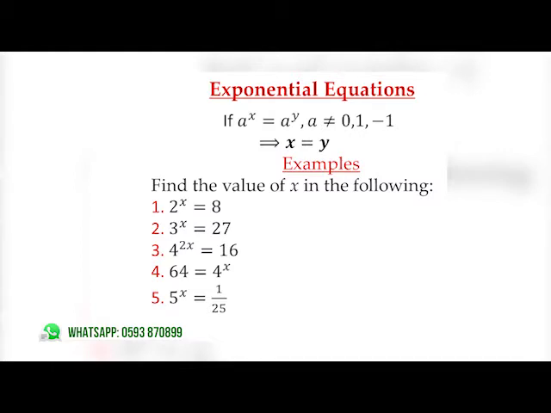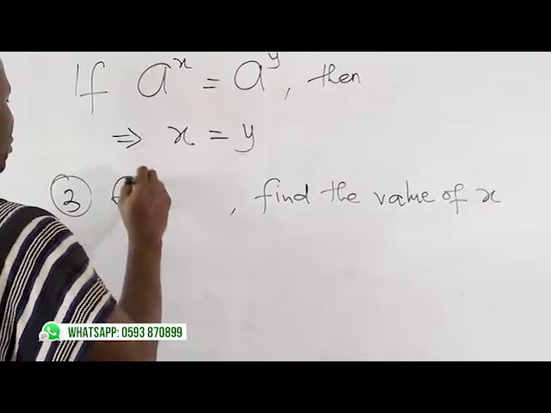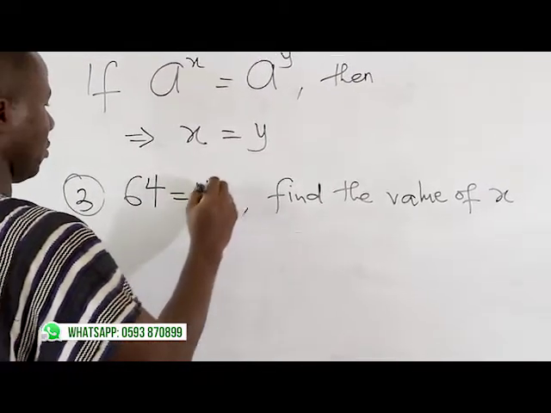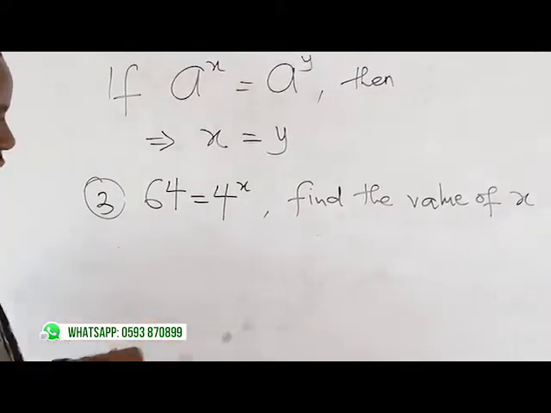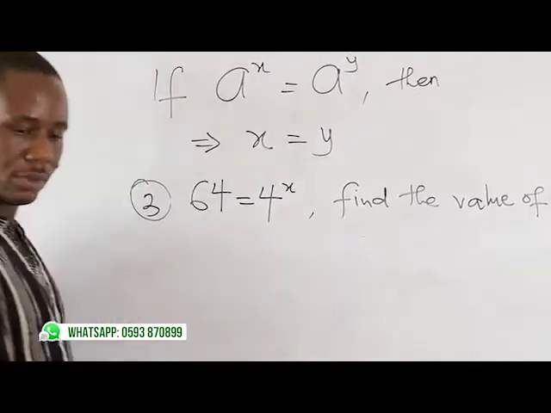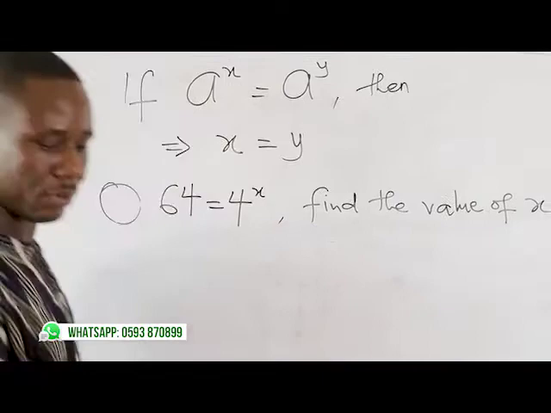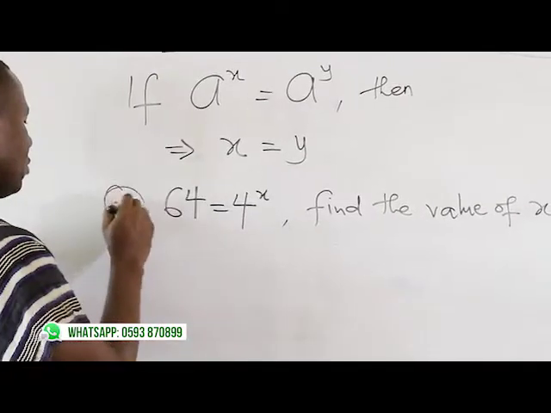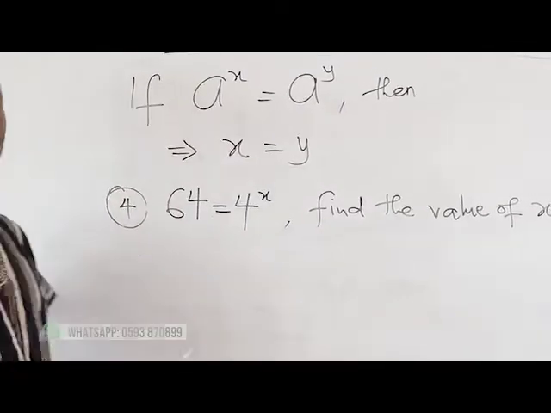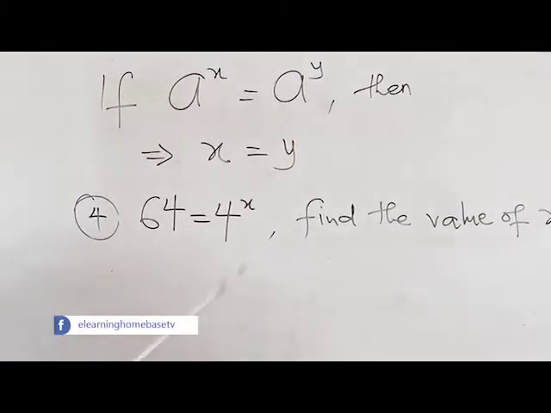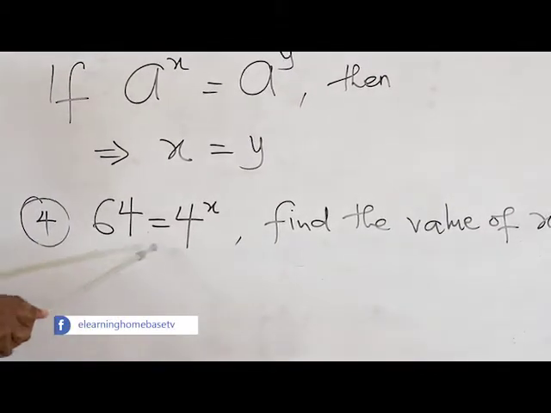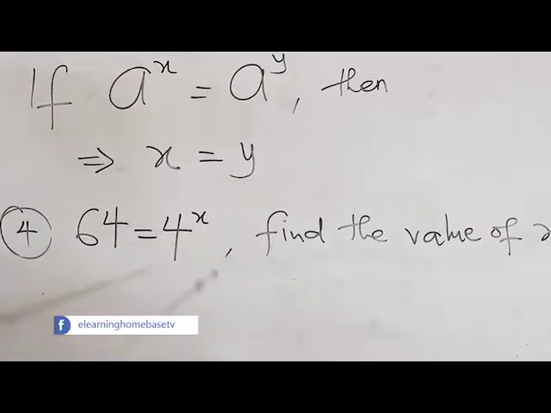Fourth example. Now with the fourth example, pay attention. It is 64 equals 4 exponent x.